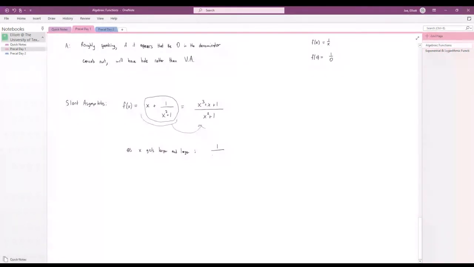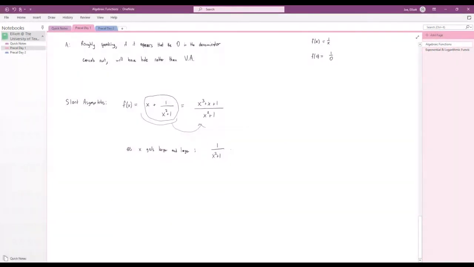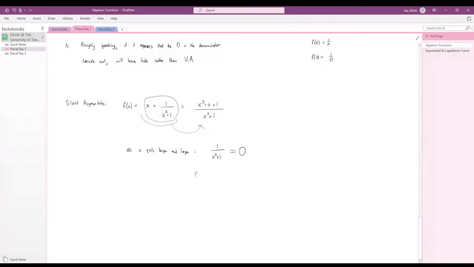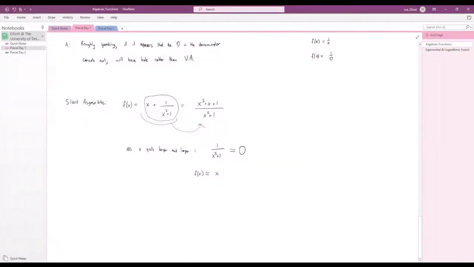So this term gets closer and closer to 0 as x gets larger, and therefore our function gets closer and closer to being just equal to x, because that second term gets smaller and smaller.